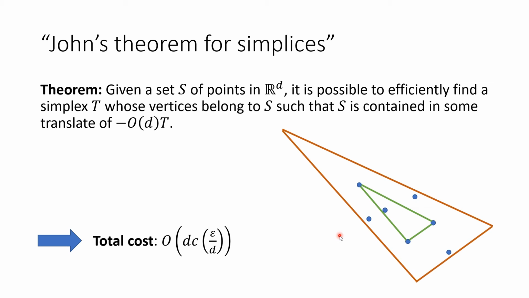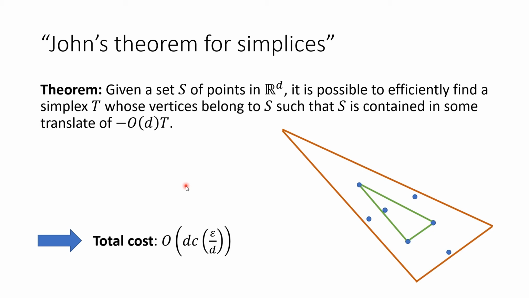So in 2 dimensions, this corresponds to finding a triangle with points in your set S, such that a dilation of about a factor of O of 2 contains all the points in your set S. And by the argument on the previous slide, this theorem immediately leads to an algorithm with total cost O of D times C of epsilon over D, our main result.